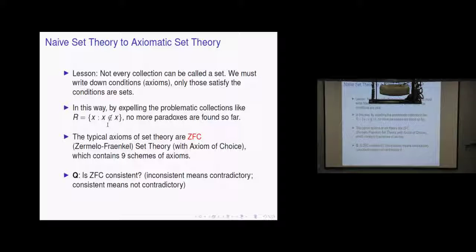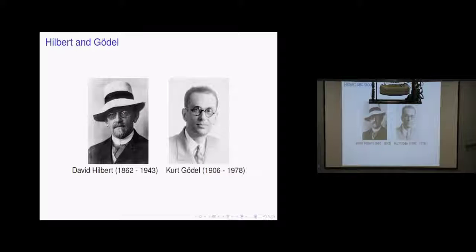Is it safe? Okay. So now, actually in the 1930s, David Hilbert is maybe one of the greatest mathematicians. He wants to prove mathematics is safe. He is a leader of mathematics in the first half of the 20th century. So he wants to make sure that the mathematical foundation is solid.